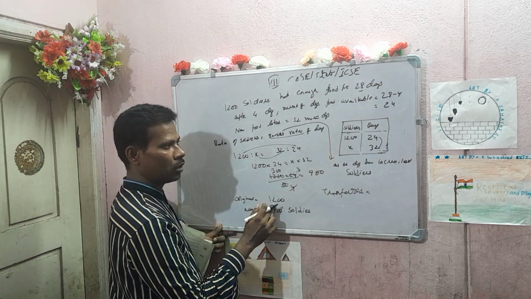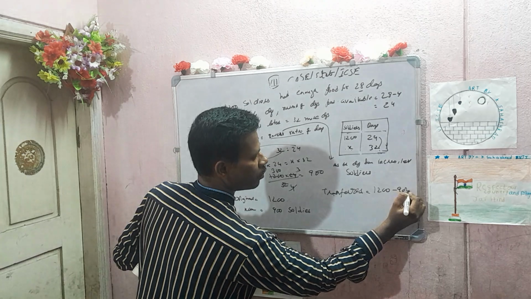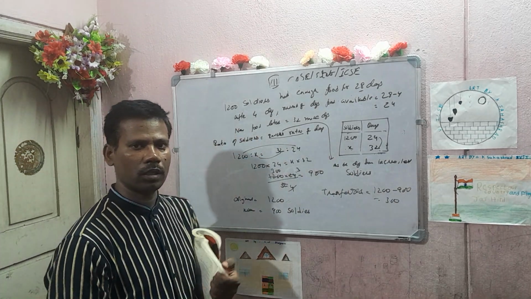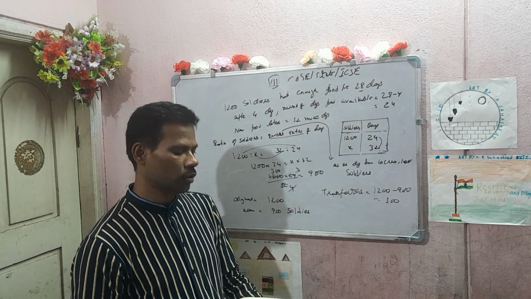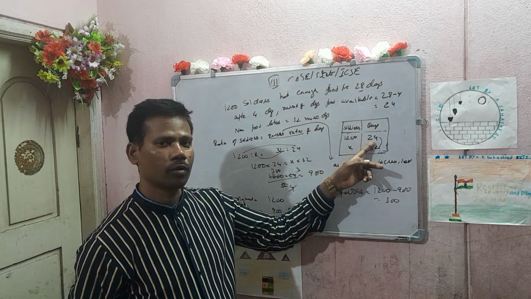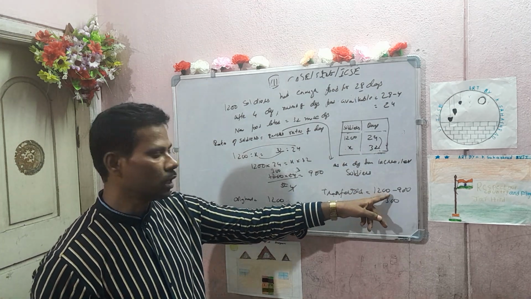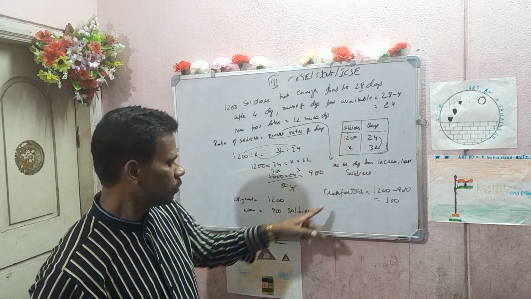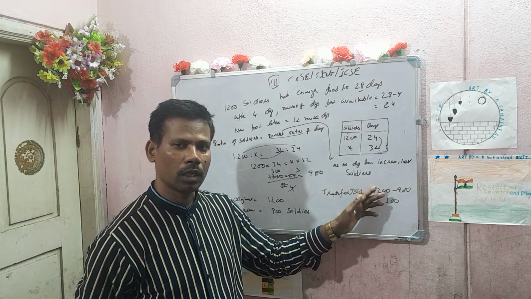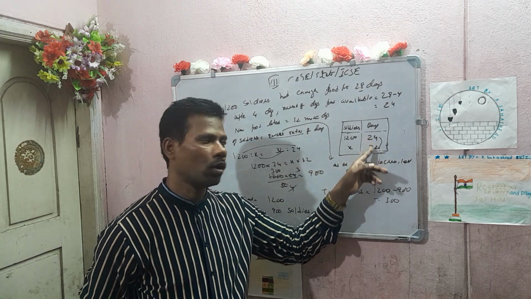Earlier 1200 were there, now 900. 300 men were transferred. That's why the food is lasting for 32 days, where out of 1200 it was 24 days. 1200 minus 900 is 300. 300 soldiers were transferred, so the food is lasting for more days.